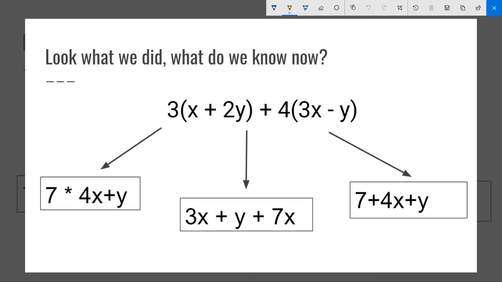To get the 7, that 3 and 4 were combined. 3 and 4 add together makes 7. And then if you look at everything in parentheses and you combine everything in the parentheses, x and 3x's, that's the 4x right here. And then the 2y, take away 1y is 1y.